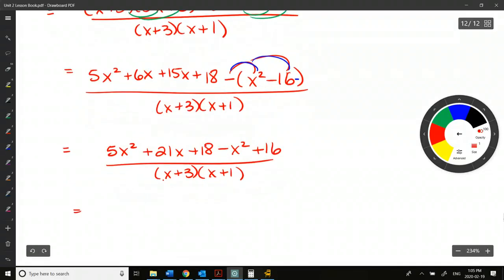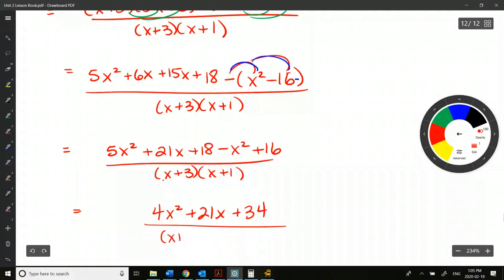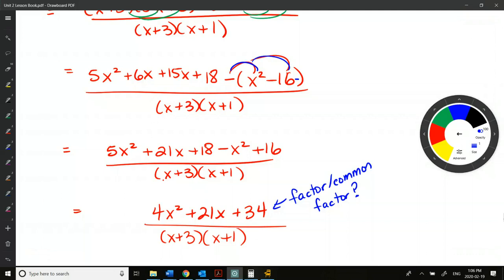Okay, we're almost there. We're going to gather like terms on the top. So we have 4x squared plus 21x plus, what is that, 34? Okay, and then the last thing we would want to ask ourselves is, can we factor or common factor this?